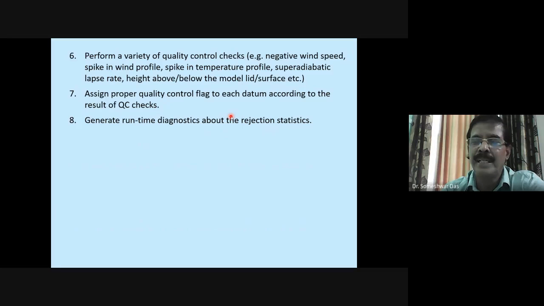So they immediately informed that country that look, that observatory has a problem because it is continuously reporting wrong data for the last 1 month. And then the Met Service of that country looked into it and they found that there was really a problem in the instrumentation. So they immediately replaced the instrument. So like that, right? It's important to have the rejection statistics, why the data is getting rejected.